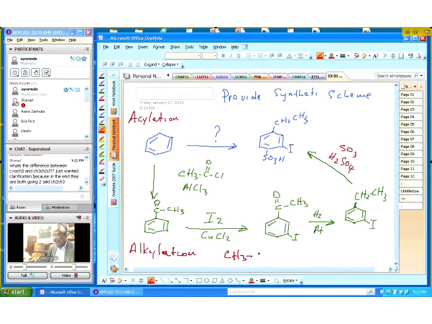The alkylation is essentially just an alkyl group attached to the chlorine. In the acylation, you have a carbonyl attached to the chlorine.